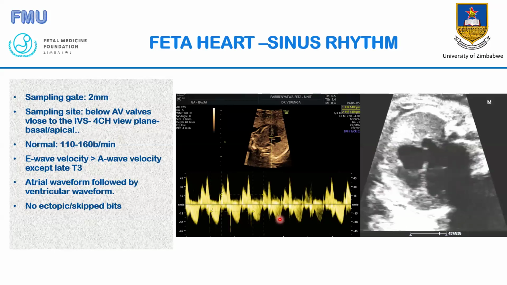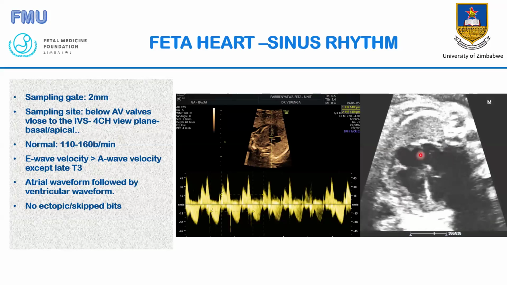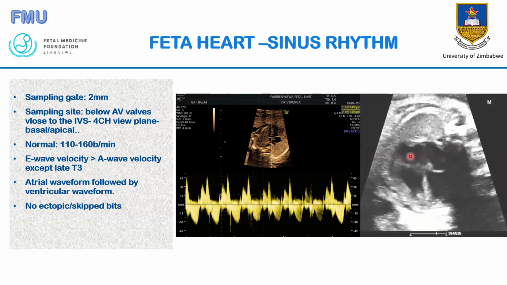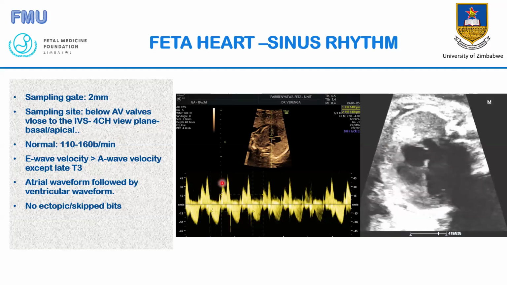What else can we do with this image? This image allows us to calculate the atrial rate. So if we want to know what rate the atria are beating at, we are going to measure. As you can see, we measured here. These biphasic waves are the ones we measure for atrial rate.